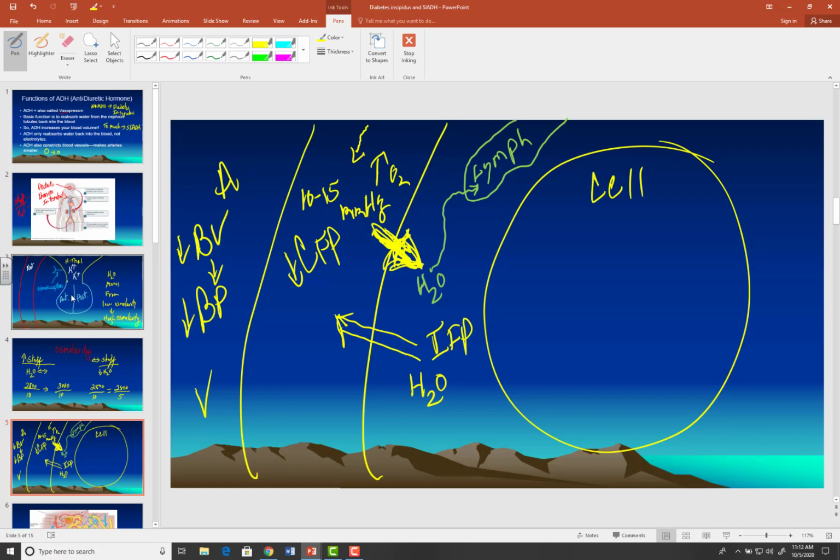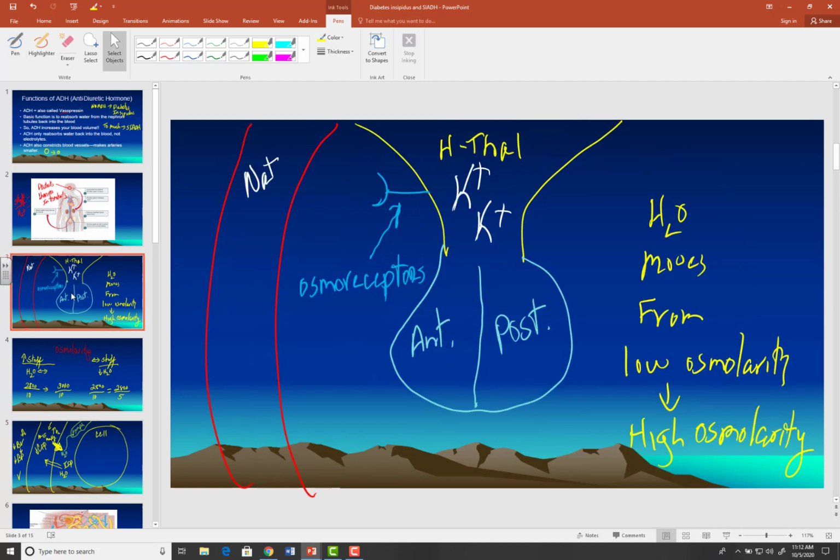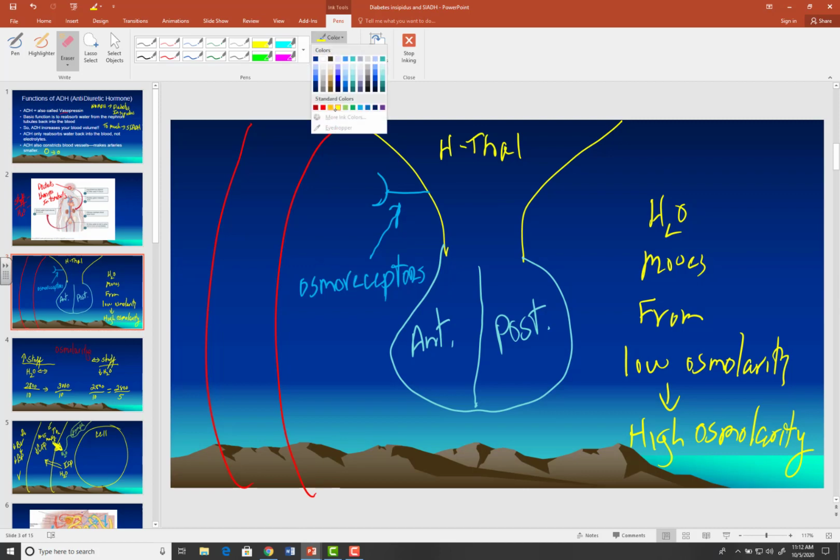So if we look at that, and we look at the capillary, and remember the hypothalamus keeps an eye on osmolarity. Embedded in its cell membrane, you've got these little osmoreceptors, and it detects changes in osmolarity. And these osmoreceptors are stimulated in the H cell by an increase in osmolarity, right?